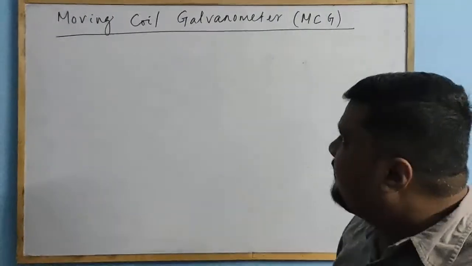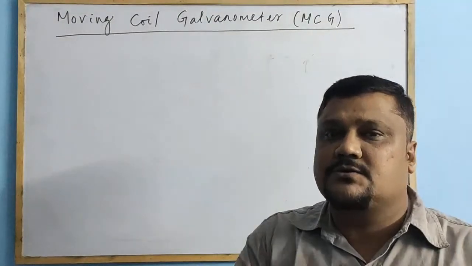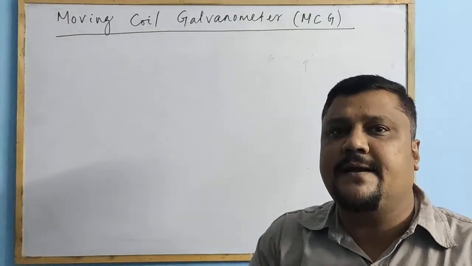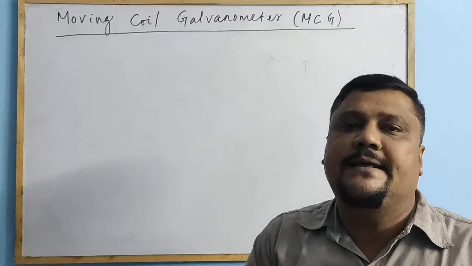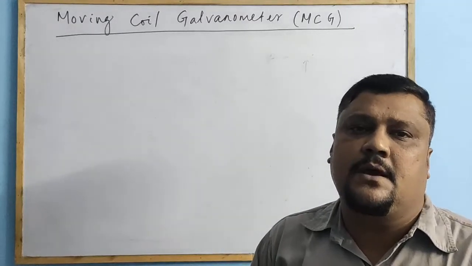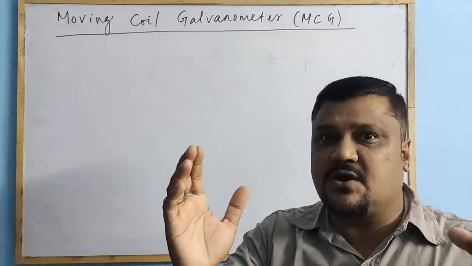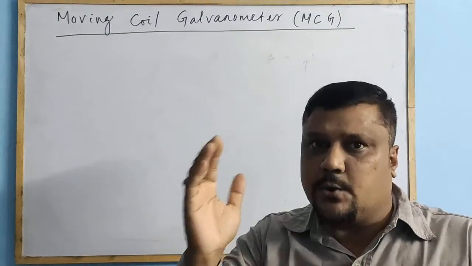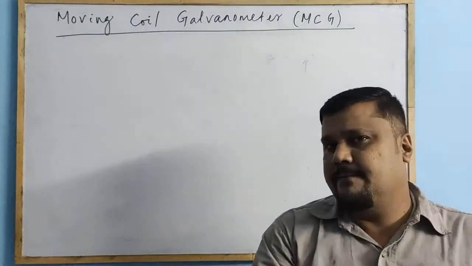Before we discuss this moving coil galvanometer, let me recall what we have read so far: when a current carrying coil is placed in a uniform magnetic field, a torque acts on the coil and the torque rotates the coil. That we know so far.